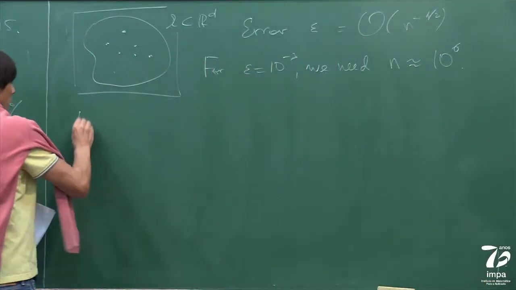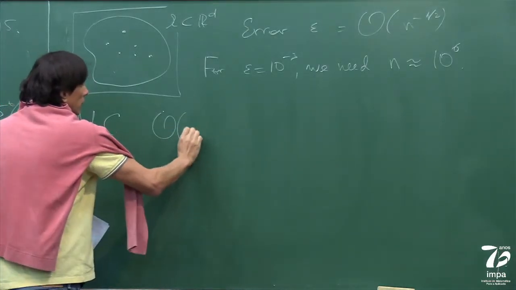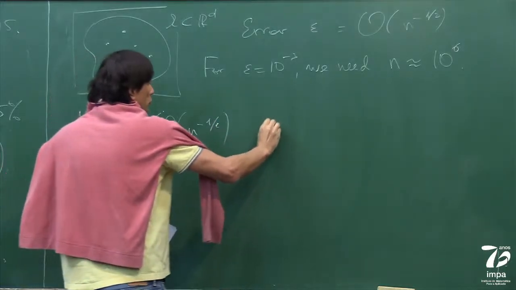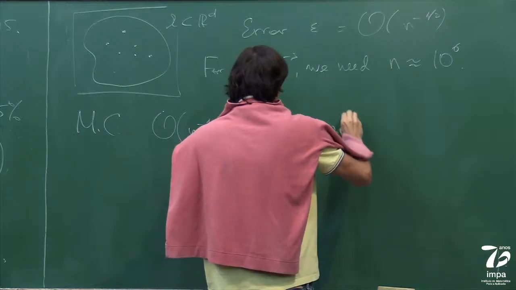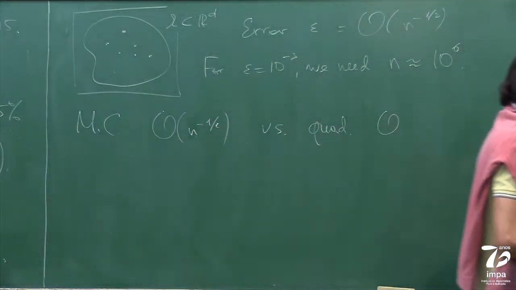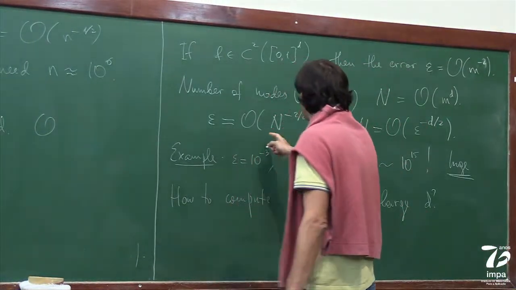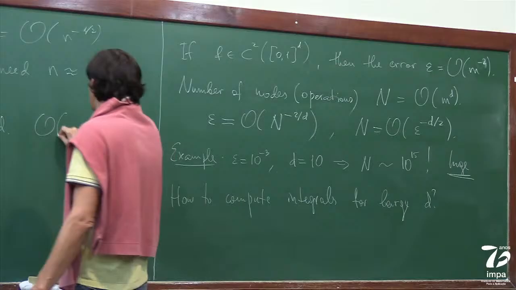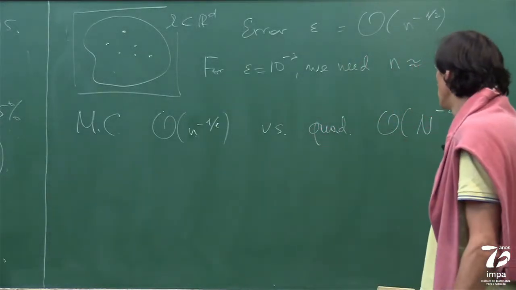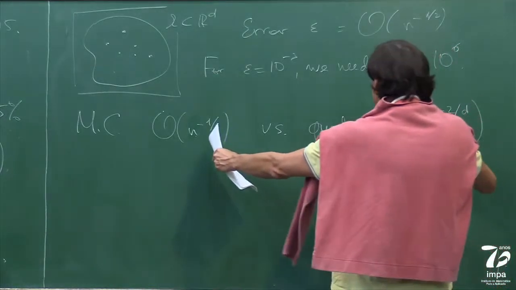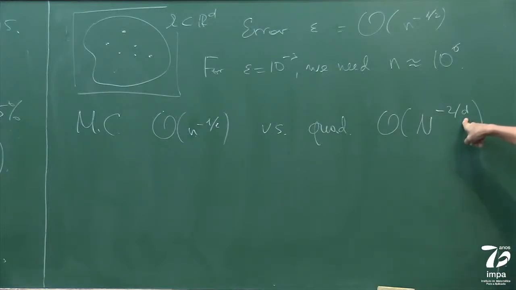comparing, the Monte Carlo, which gives you n to the minus 1/2, versus quadrature, which with this computation gives you error of order n to the minus 2 over d. So what you see, they give the same number of points if d is 4, right?